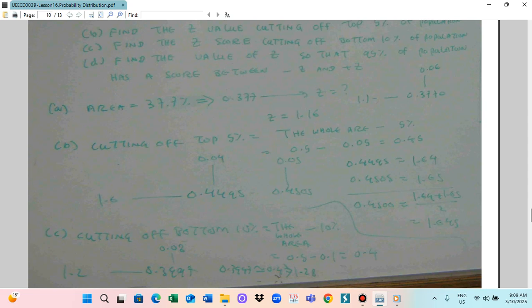We can calculate like this. And part C: cutting off the bottom 10%.